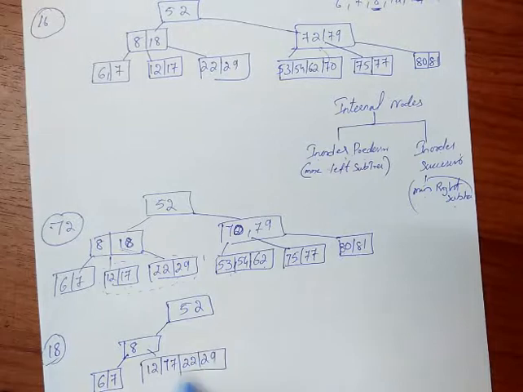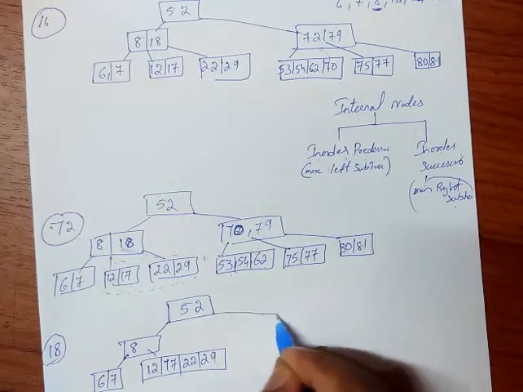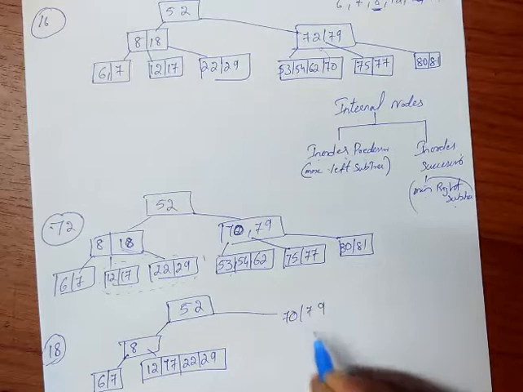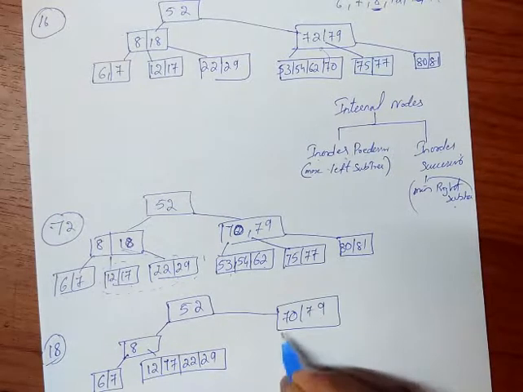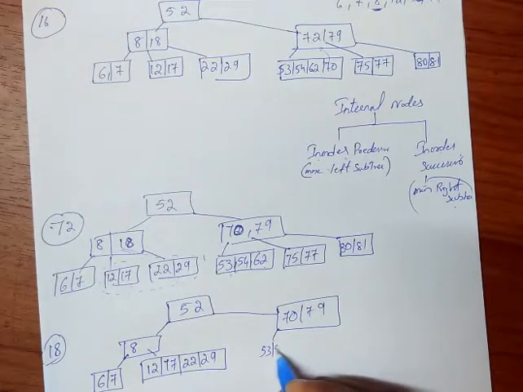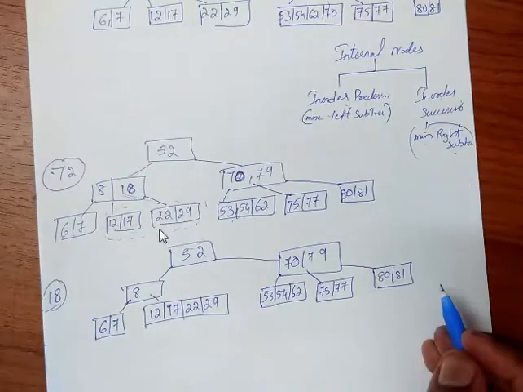Here we can see my maximum number of keys is 4, so we don't need to split this node. We can easily connect it at the position of the parent. We joined the left sibling and right sibling and connected it as the child of 8.